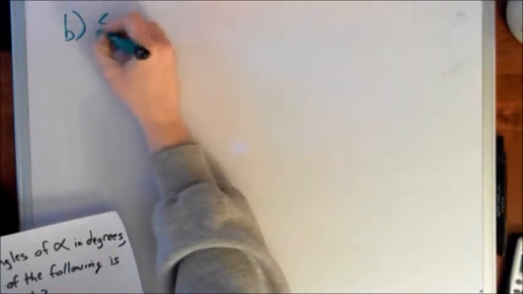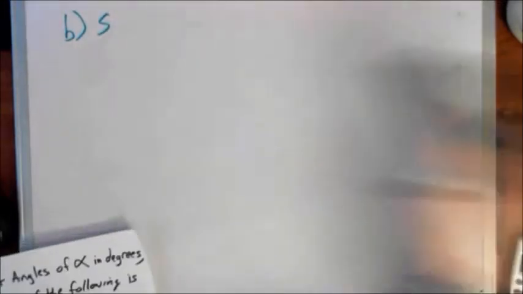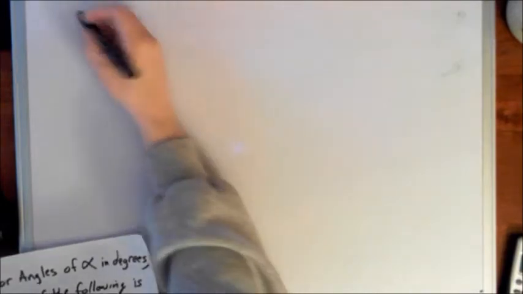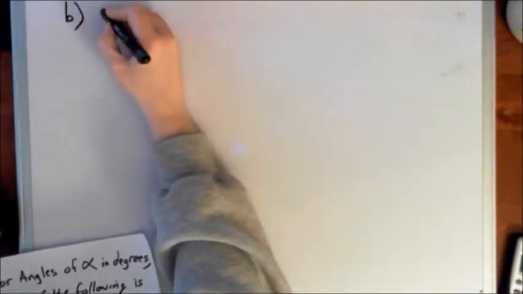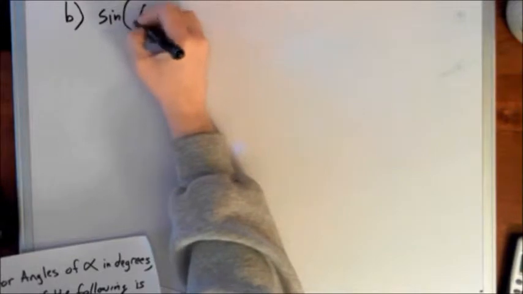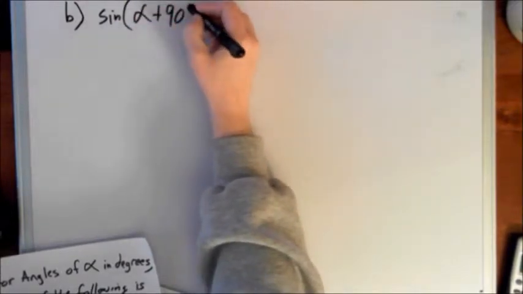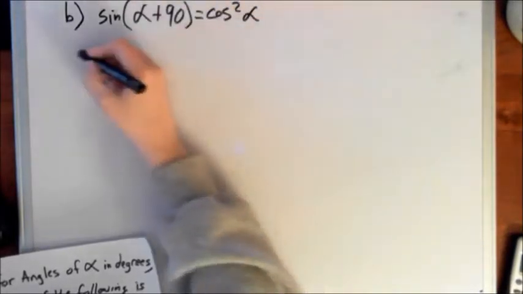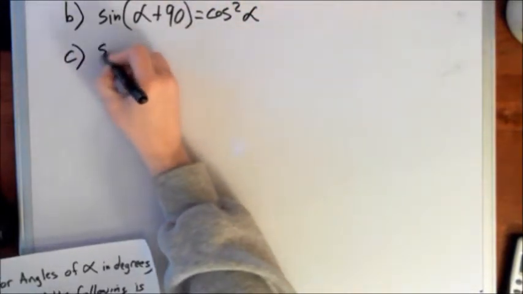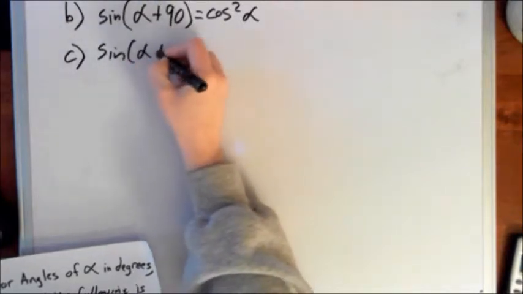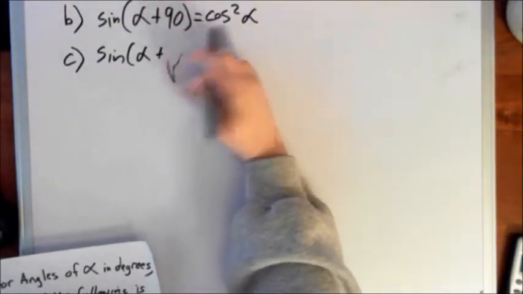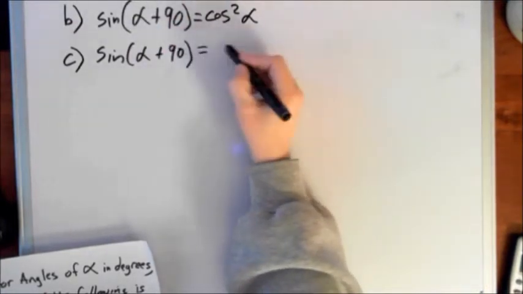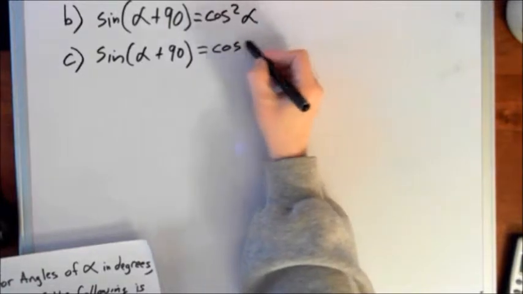So B is sine of alpha plus 90 degrees is equal to cosine squared alpha, and C is sine alpha plus 90 is equal to cosine alpha.